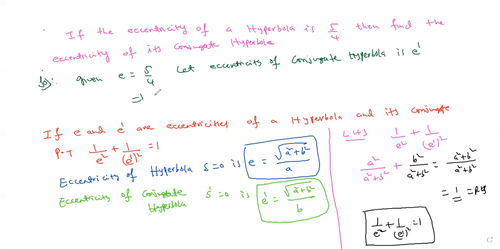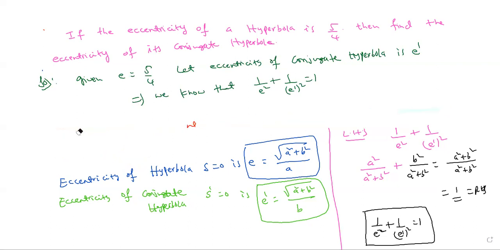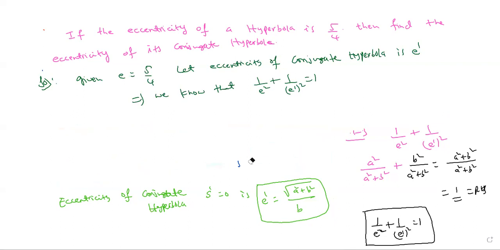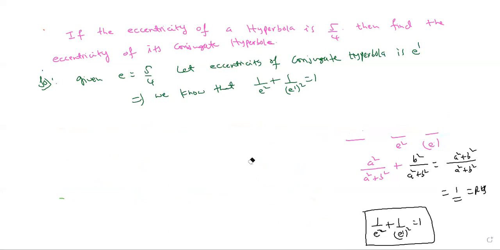Already we know that 1 by e squared plus 1 by e dash squared is 1. Already we proved it here. Just use this result to get the answer. Already e is given, substitute the e value in the result, solve and get e dash.